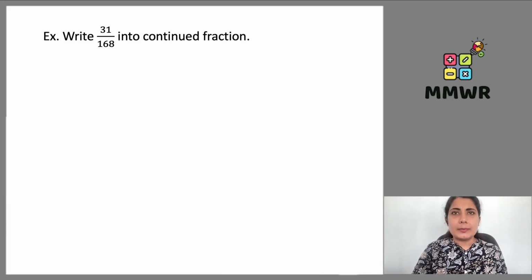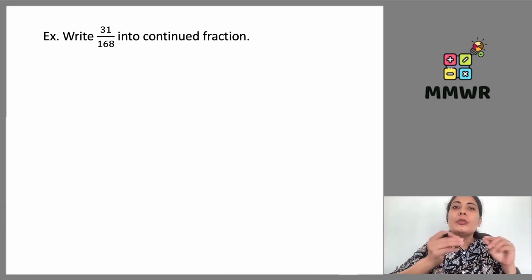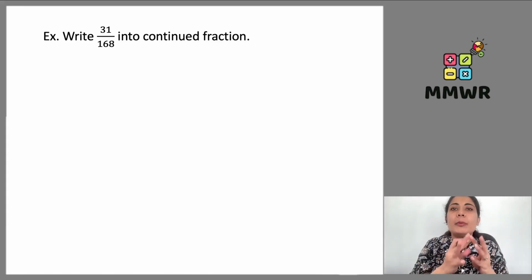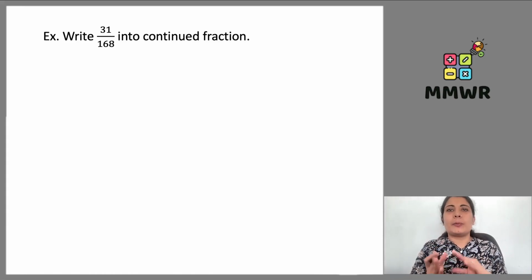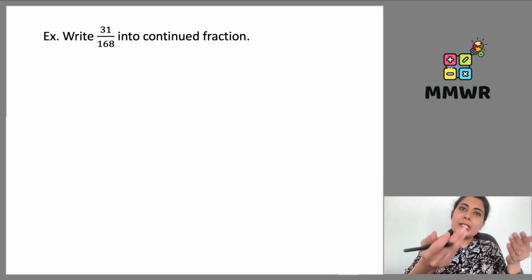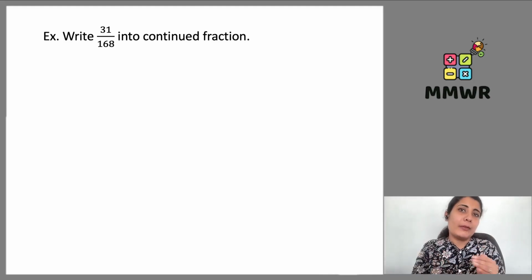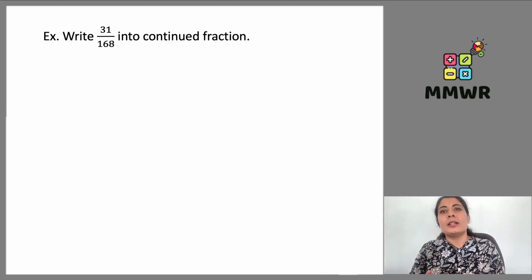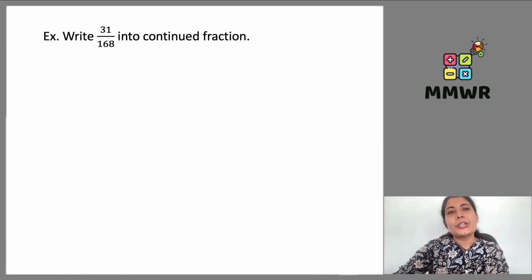A continued fraction is nothing but a fraction where we write 1 in the numerator, and the denominator is itself a fraction, with plus or minus operations. Then again the denominator has a fraction in it. Likewise we have to deal with this problem.